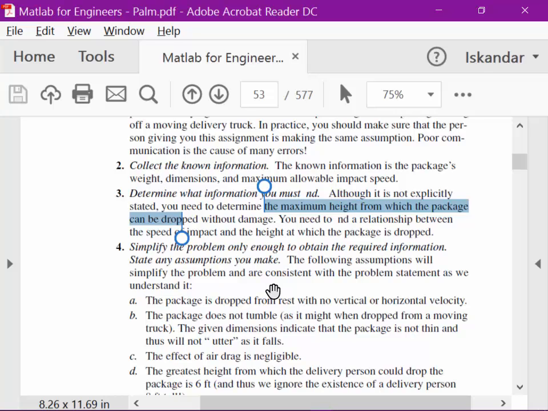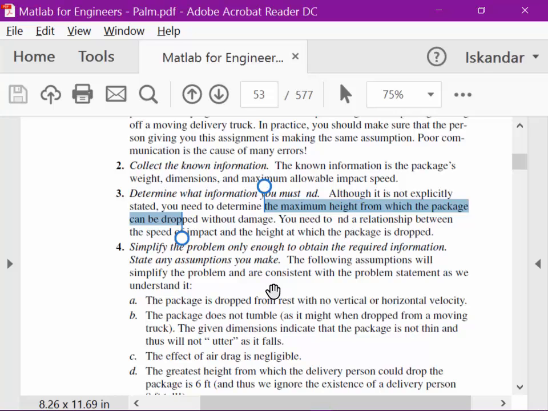It's only going to be dropped. The reason you need to make that assumption is that you have to assume my initial velocity is 0 feet per second. So I'm going to drop this package from a height, and I have to determine what height I can drop it from where the final velocity is equal to 25 feet per second.